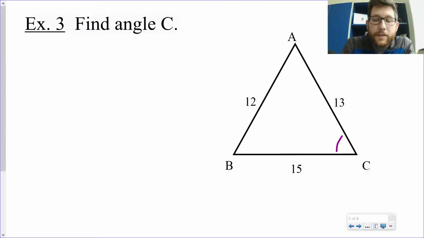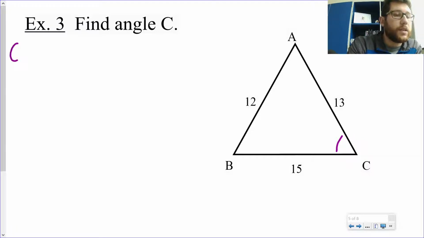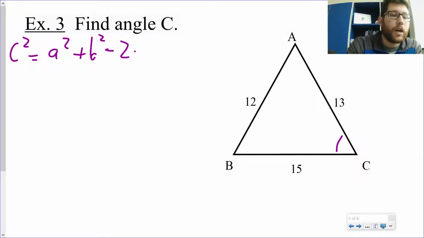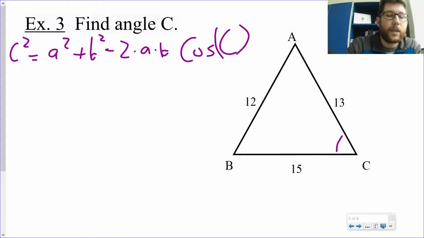Now in this case we'll use the C formula here. So we're going to use C squared is equal to A squared plus B squared, so that's just Pythagorean, minus 2 times A times B times cosine of capital C. All right, so let's plug in our values. And again, notice that's A, that's B, and that's C, because those are opposite our letters.